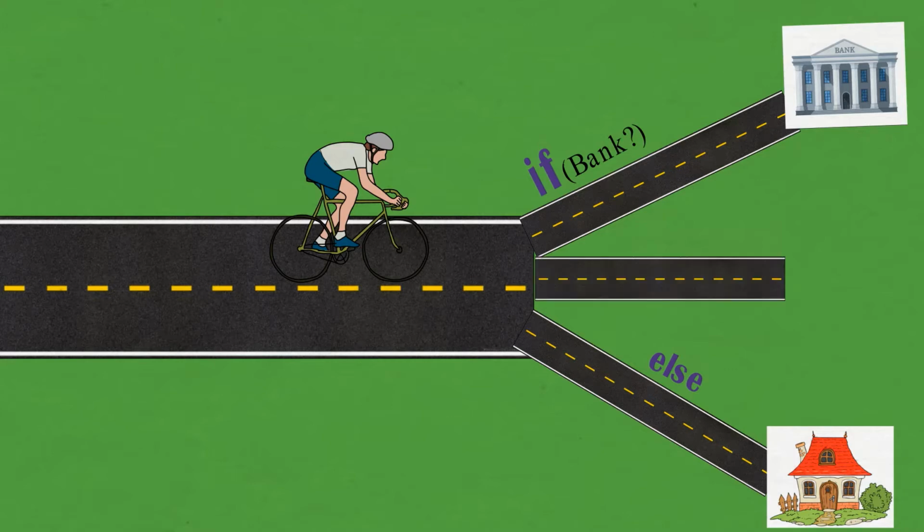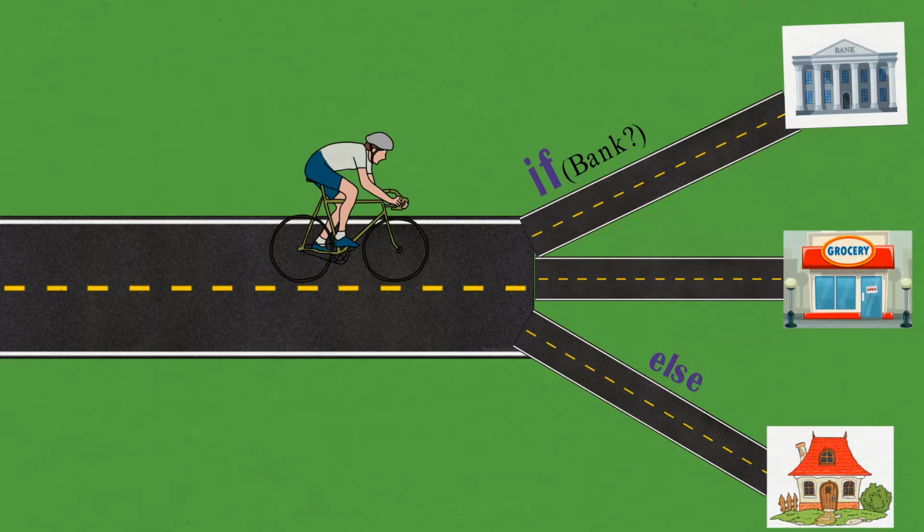But now what if we have another road in between the two that can take us to the grocery store at the end? Now again our rider has to decide upon his priorities. Earlier it had only two choices, so it was simple, but now we have another choice.